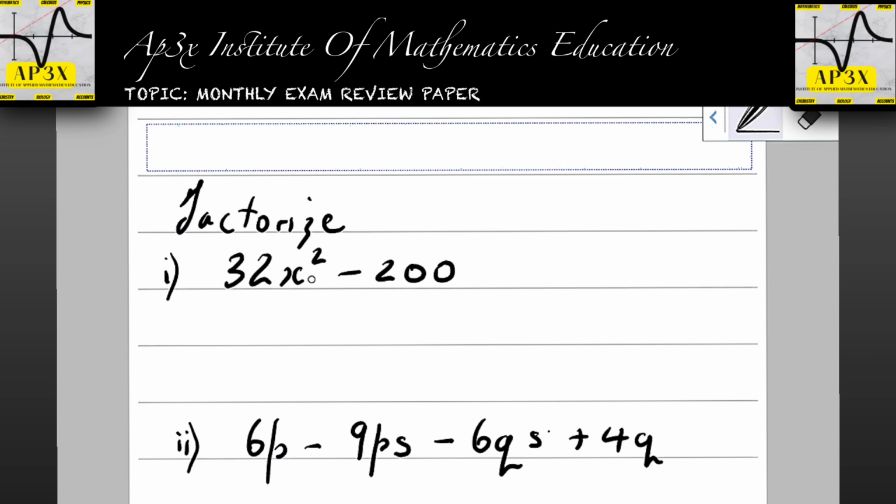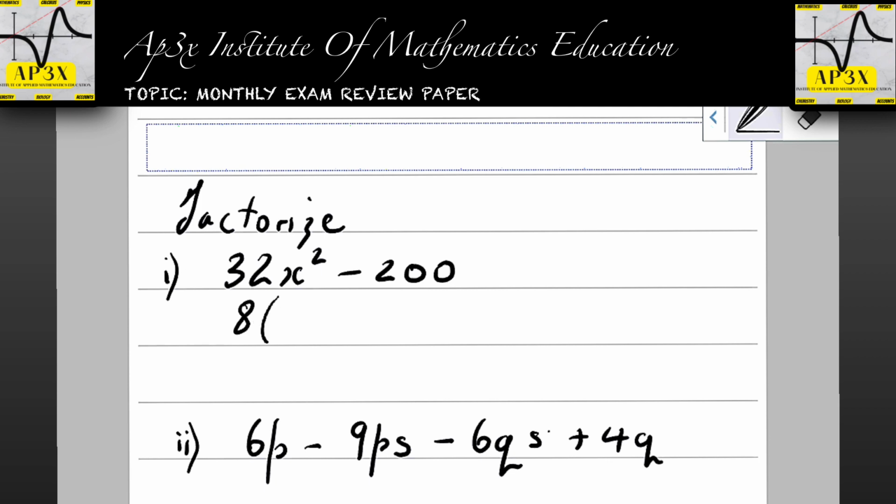So here we're looking at what is common between 32x squared and 200. It looks like 2 could possibly be the highest common factor, but if you know your timetable very well, you'd recognize that 4 could also be used, but there's also a bigger number, 8. So we could factor out 8 as our common factor here.